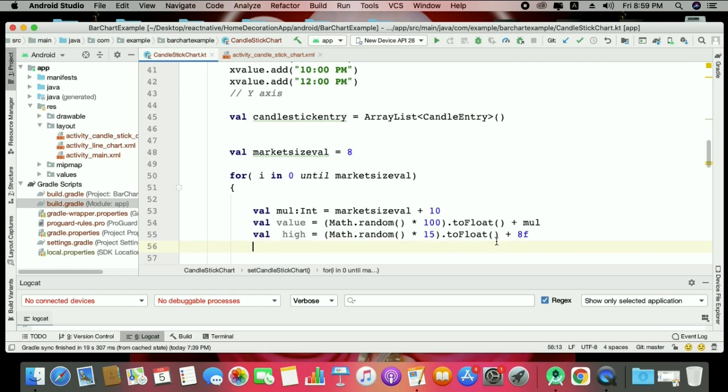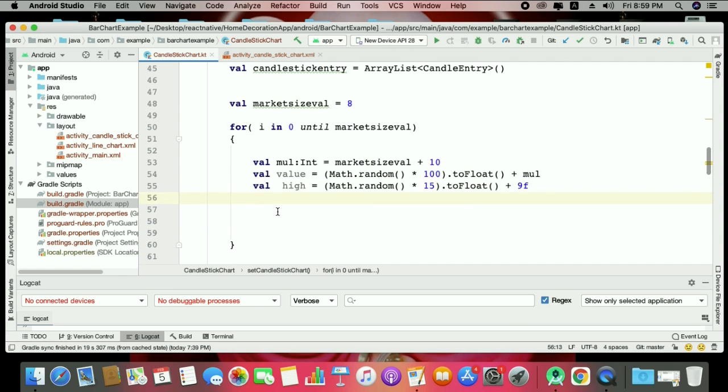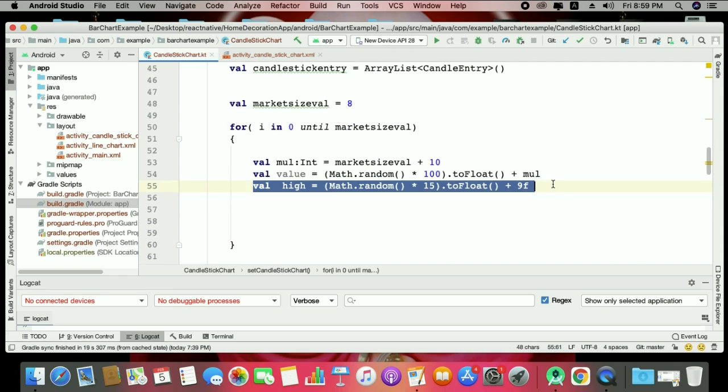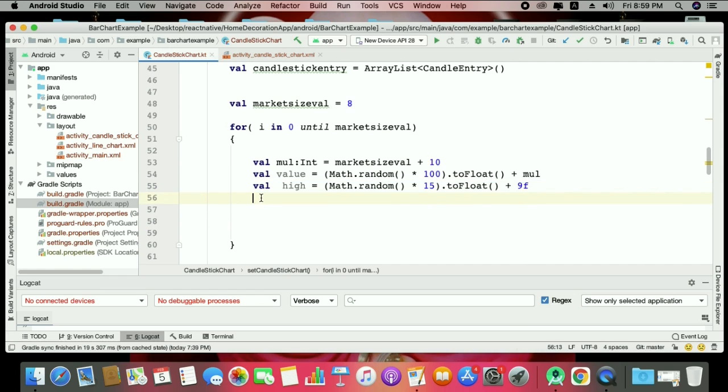Okay, I am using 9f, so it depends. And the same you have to work with your low value. For the low value, using the same, nothing changes, or you can use it as an 8, depending.